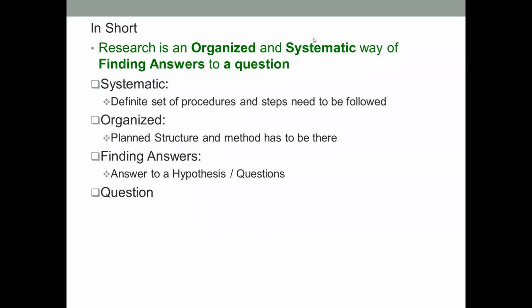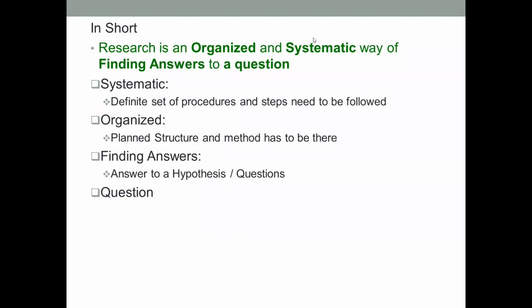From that, you can analyze the data through statistical methods. Then you will be able to find whether that is the best solution or a better solution for the problem that you have. So this is how research is done. You first take a general problem, then you find a possible answer for this question.